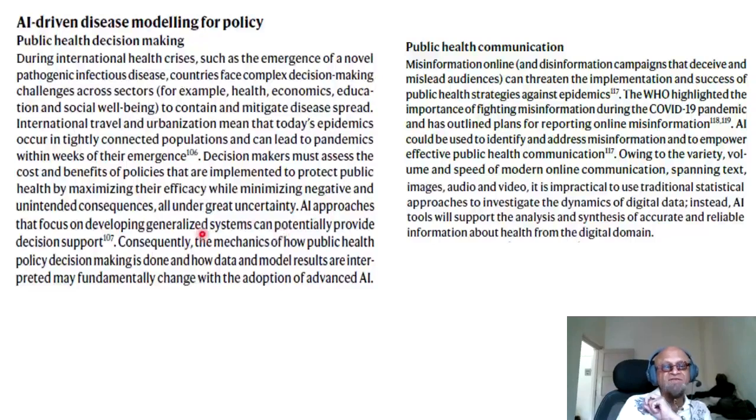AI approaches that focus on developing generalized systems can potentially provide decision support. Consequently, the mechanics of how public health policy decision making is done and how data and model results are interpreted may fundamentally change with adoption of advanced AI.